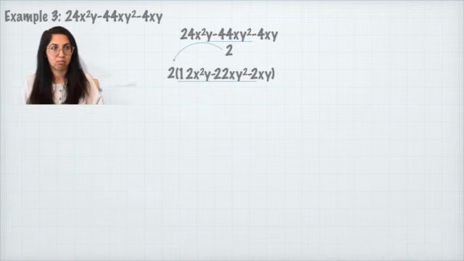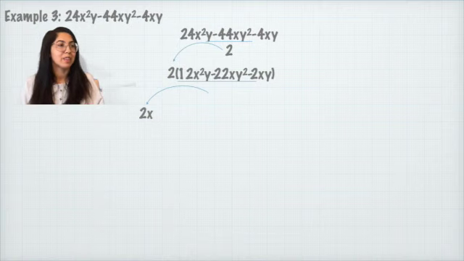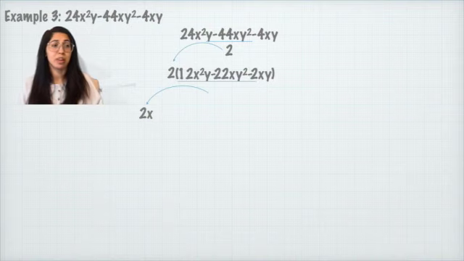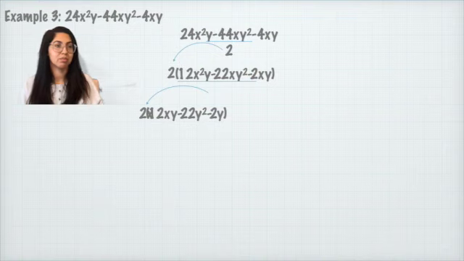And where does that go? It goes out front. Oh, I got ahead of myself. I took it out early. Okay, so once I do that, I am going to be left with 12xy because we took 1 out, negative 22y squared because I took out that x, and negative 2y because I took out that x.